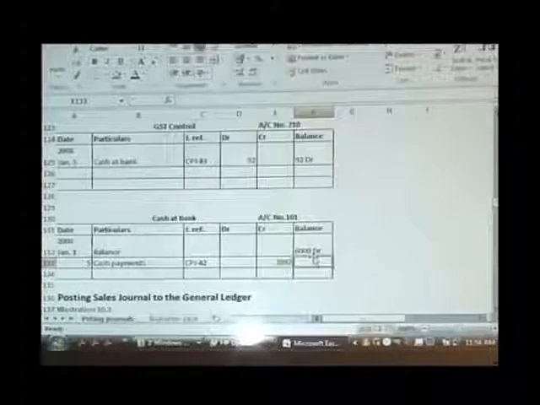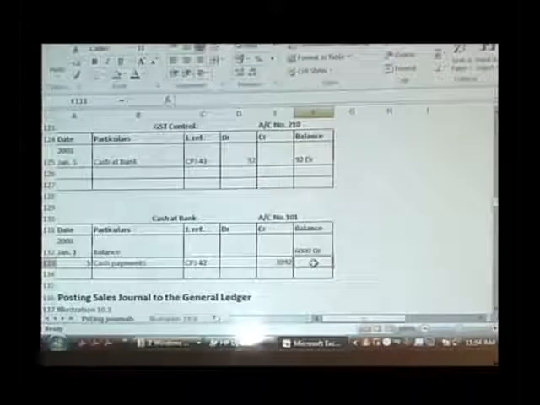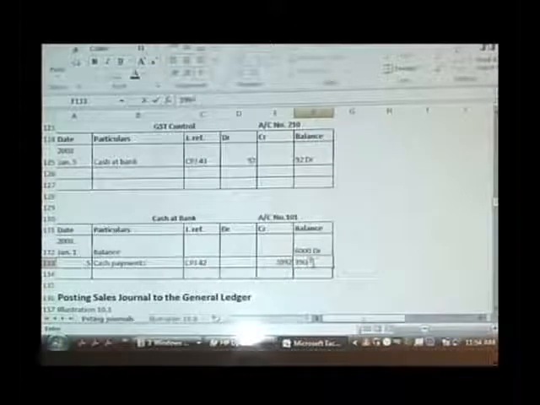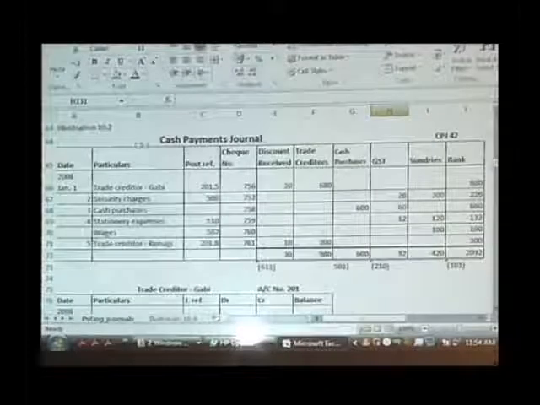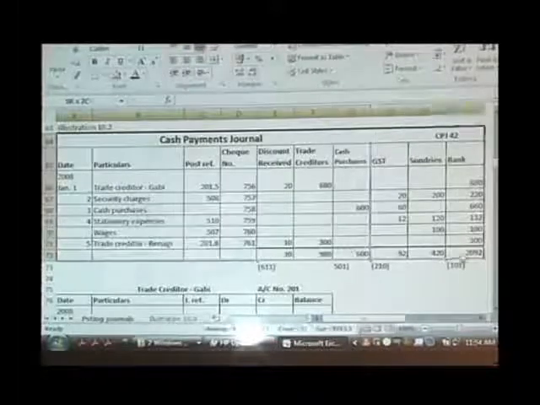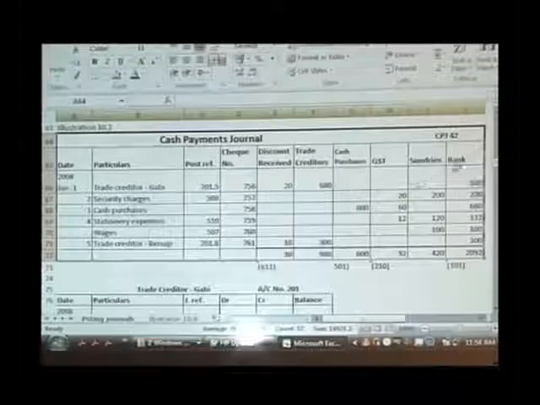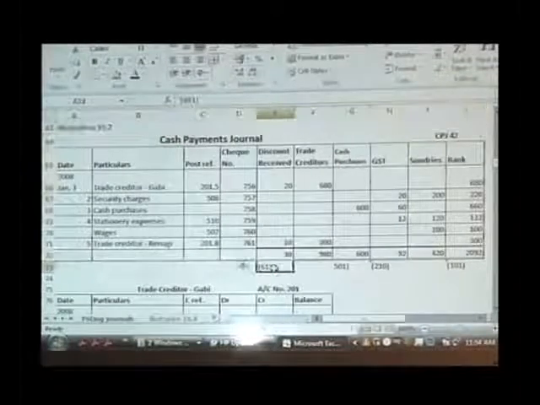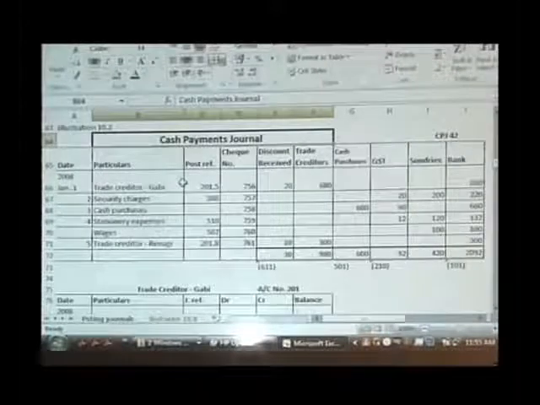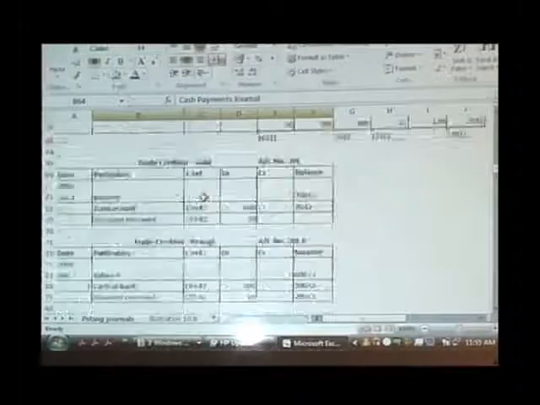Now the balance is 3908 debit balance. Now look at the cash payments journal again. All the items have been posted now. That is about the cash payments journal.